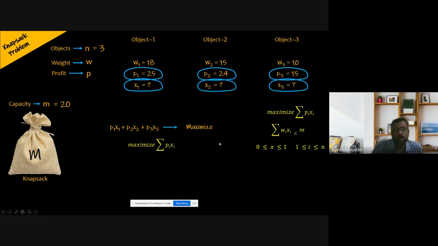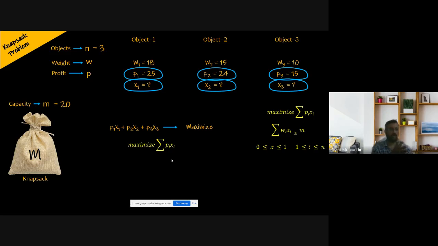Now, what is the objective? The summation of Pi Xi is the total profit, and the objective is to maximize the total profit. So this problem is a maximization problem, not a minimization problem. For example, in the general example we considered for the greedy method, the options of payments were debit card, credit card, and PayPal.